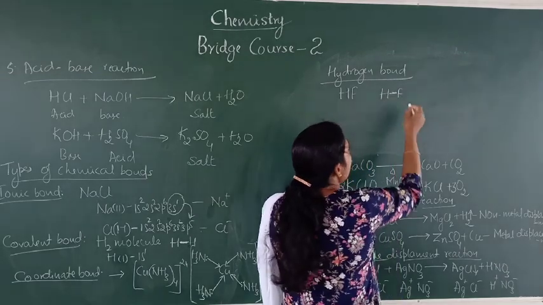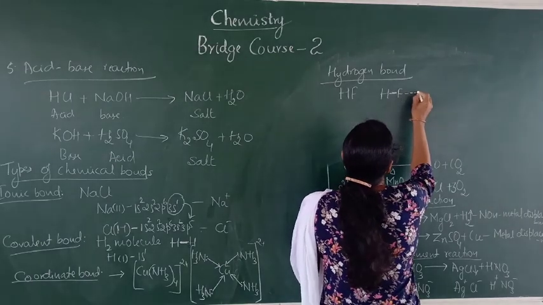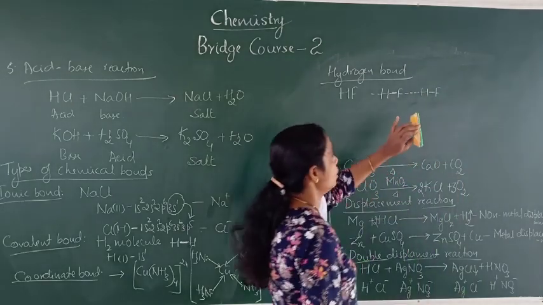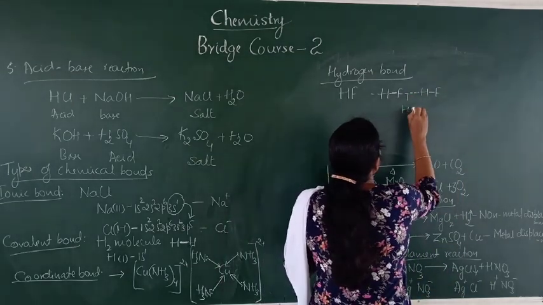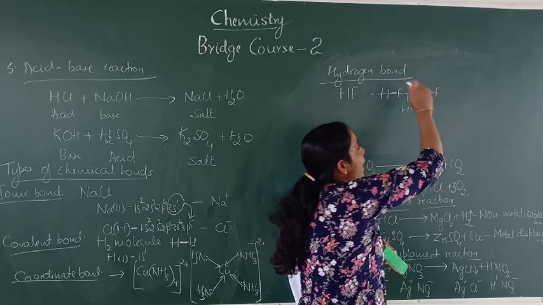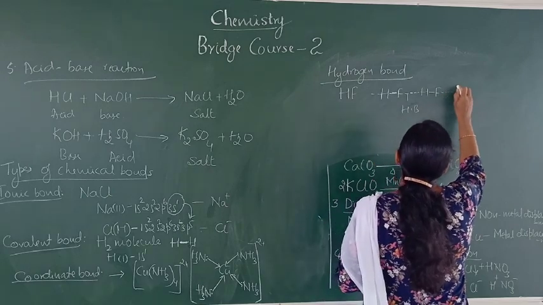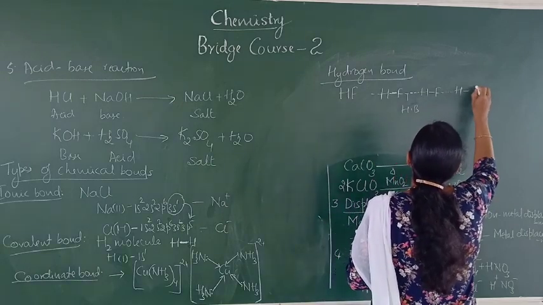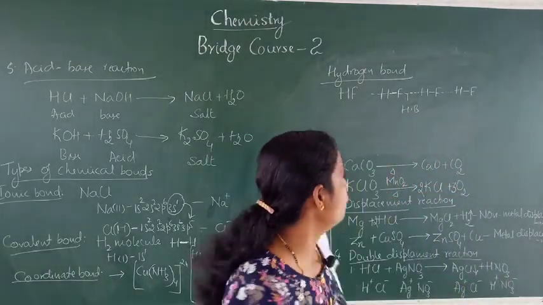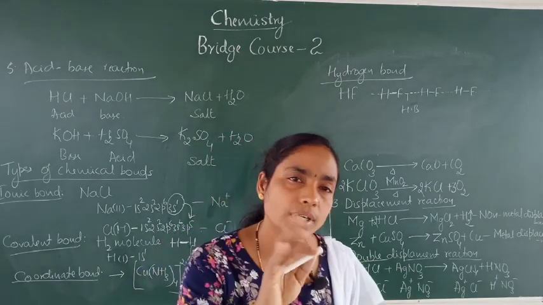Now the fluorine atom of one hydrogen fluoride molecule attracts the hydrogen atom of another hydrogen fluoride molecule, and a hydrogen bond is formed in between the fluorine atom of one molecule and the hydrogen atom of another. In this way, so many hydrogen bonds are formed in between hydrogen fluoride molecules.